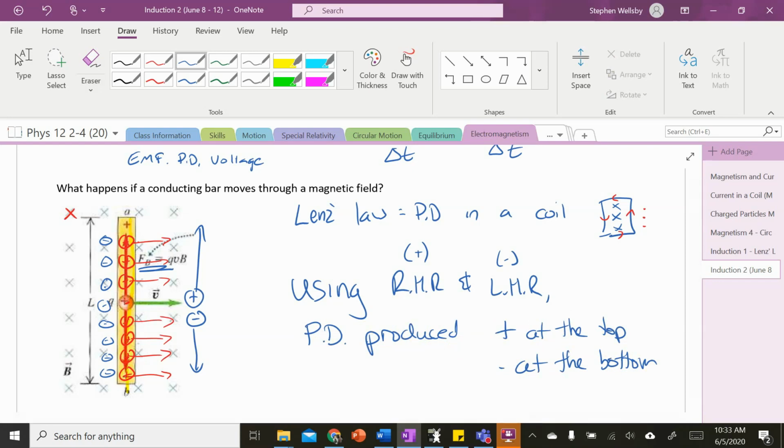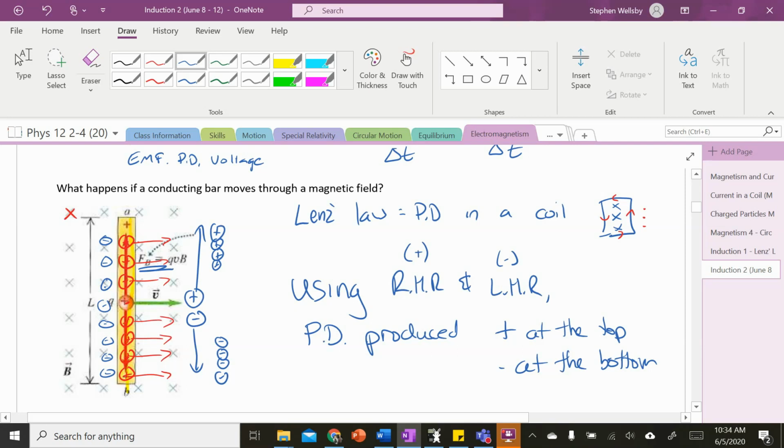Now, hopefully you'll recognize as well that there's a limit to this. If I start piling a bunch of positive charges up here all together, and a bunch of negative charges down here together, they're going to push against each other as well. So you've got these two competing forces. You've got this force from our right-hand rule that says the negative charges will want to go downwards, but we've also got the rule that says that like charges will repel, and so these two forces are going to balance out.